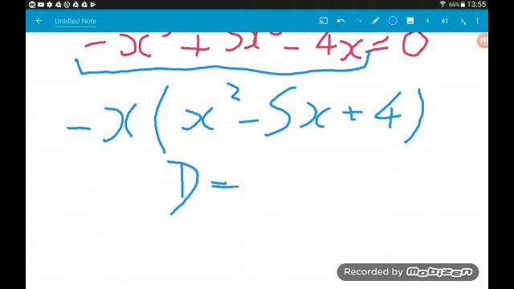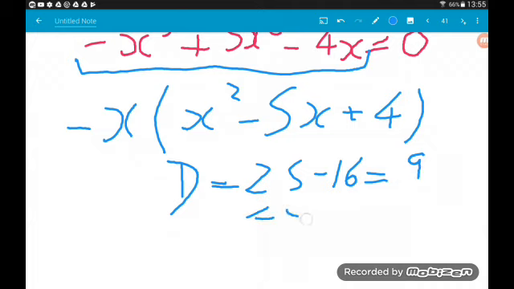So here the discriminant is minus 5 squared, so positive 25, minus 4 times 1 times 4, which is 16. So we got 25 minus 16, just going to leave us with positive 9, like that. So that implies 2 roots.